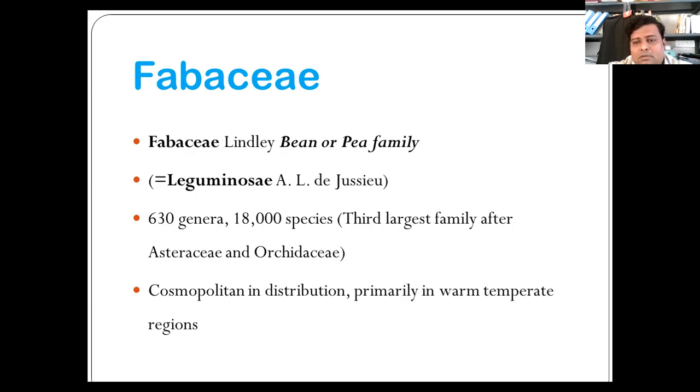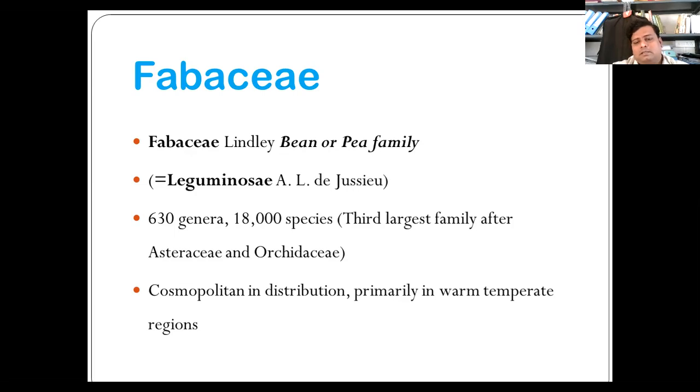Important forage plants include alfalfa, that is Medicago sativa, and clover, Trifolium. Common ornamentals are like Lupinus, sweet pea, Lathyrus odoratus, Wisteria, Laburnum, coral tree, Erythrina, false acacia, that is also known as Robinia, and brooms are present.